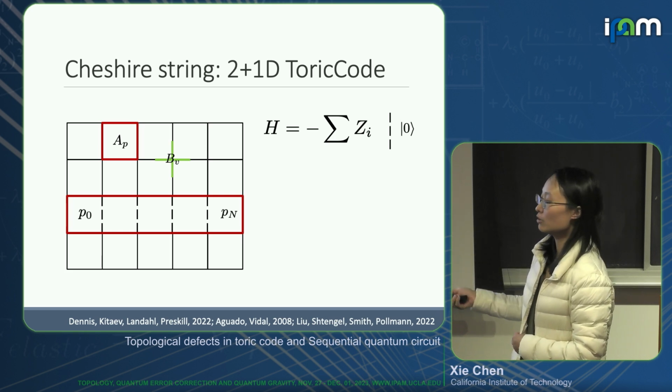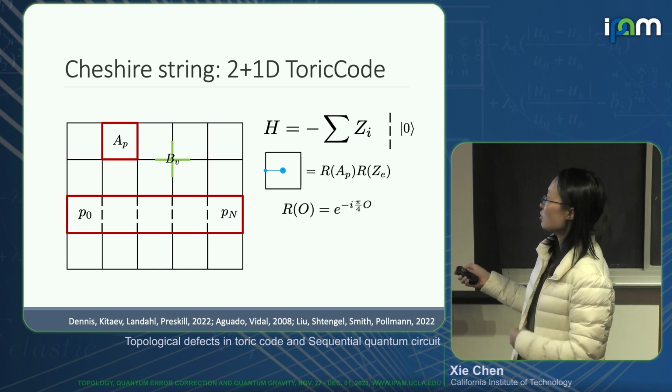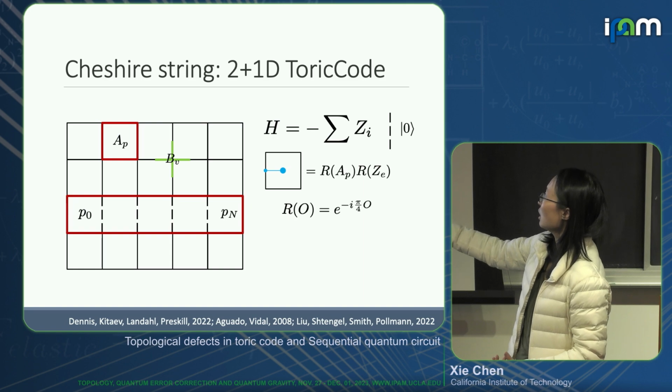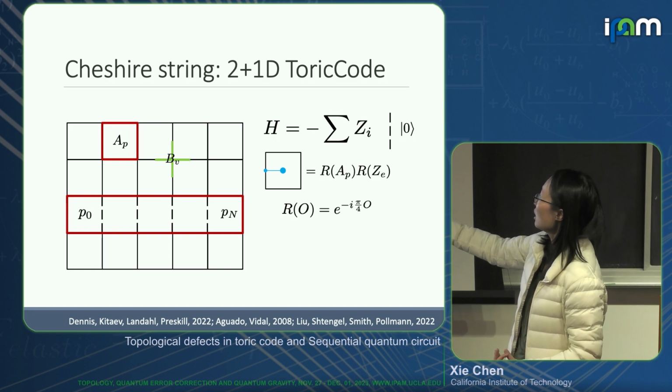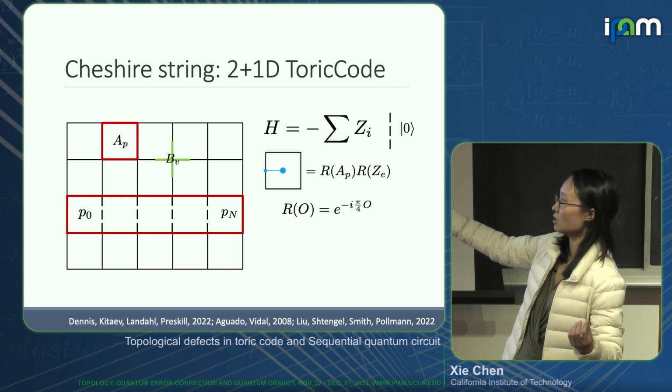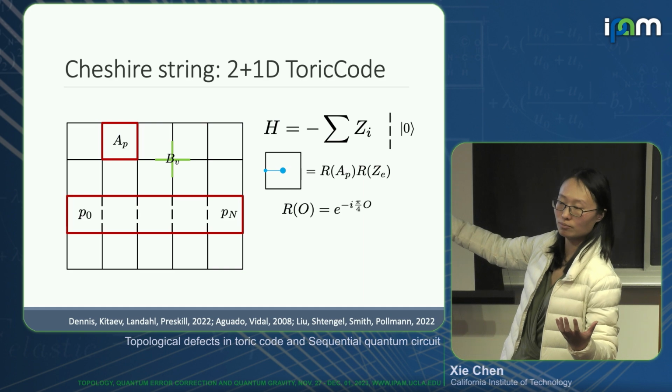Okay. So with that understanding, we can just take the circuit on the previous page and turn it into a circuit in the two-dimensional toric code. Originally we had a rotation with X. Here we replace that X with A_p, because X was measuring the charge in that case, and here A_p is measuring the charge.